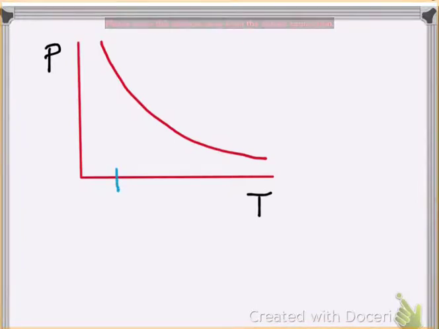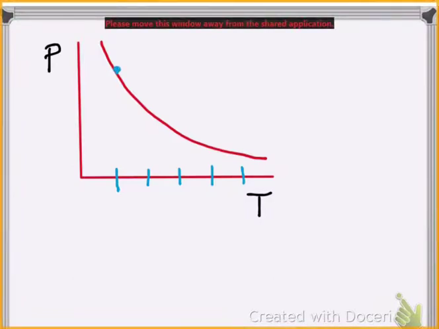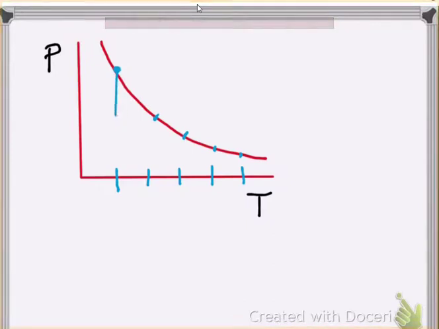Okay, we're going to make roughly equal time intervals here on the horizontal axis. And we see that the first point might be up here, then here, then here, whoops, and then here, and then here.